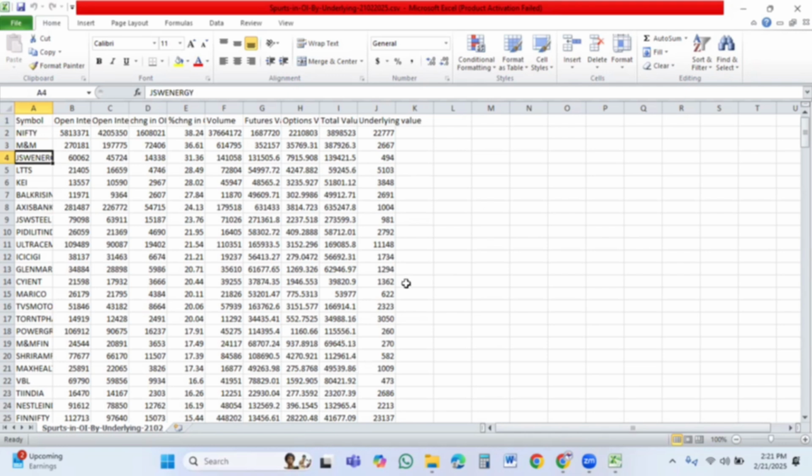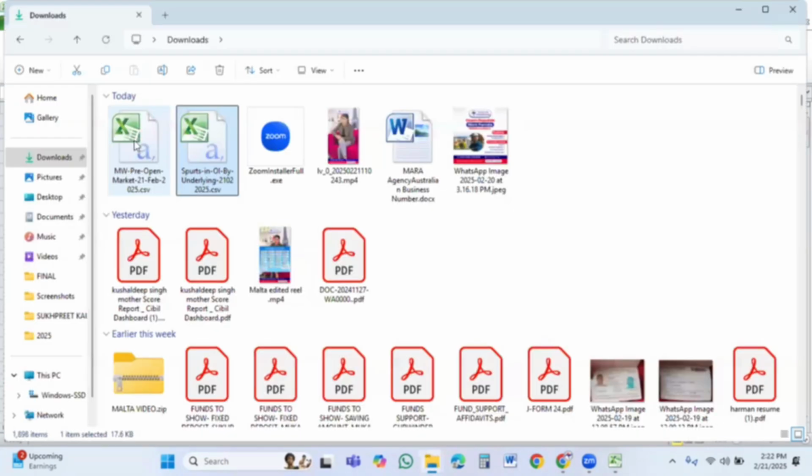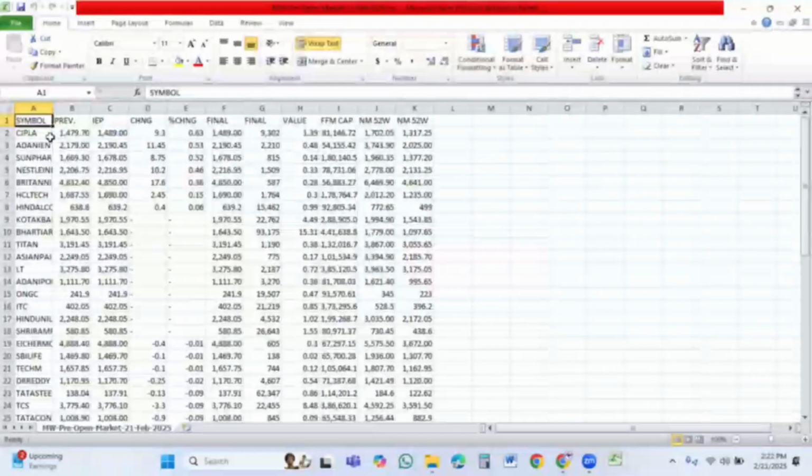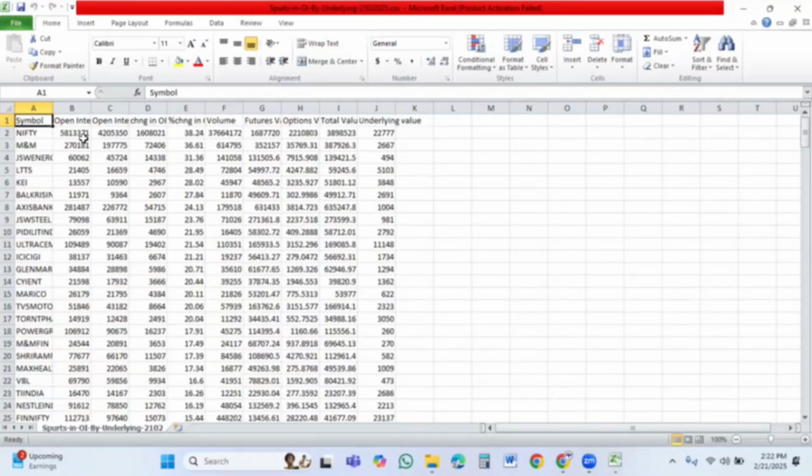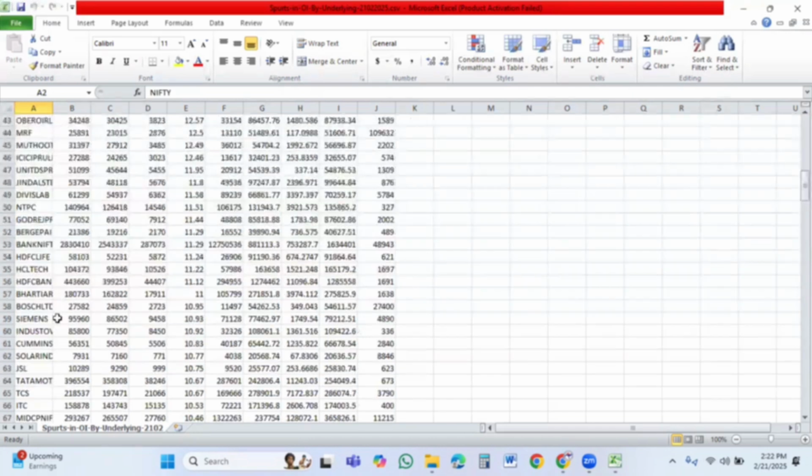Obviously, you download the pre-open Excel sheet before the OI spurt, because OI spurt you can open only at 9:18 a.m. So we look at the pre-open market first, at the top few stocks and the bottom few stocks, and then we go into the OI spurt file and find which stocks are common among the two.